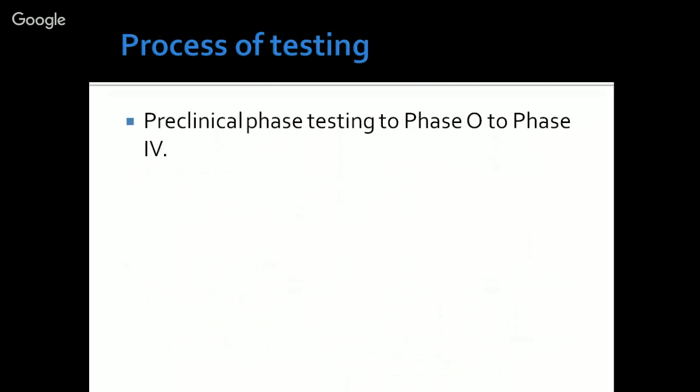Process of testing. Any intervention which needs to be applied in clinical practice has to undergo multiple phases of testing, from the preclinical phase to phase 0 to phase 1, 2, 3, and 4. And normally, any medical intervention which is being applied goes through all these phases.